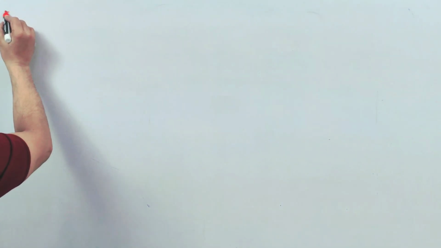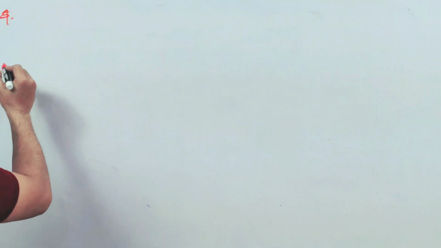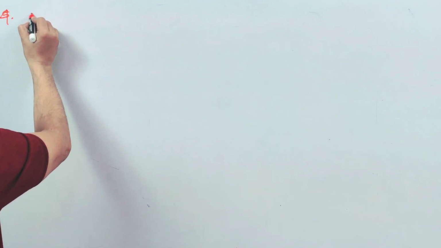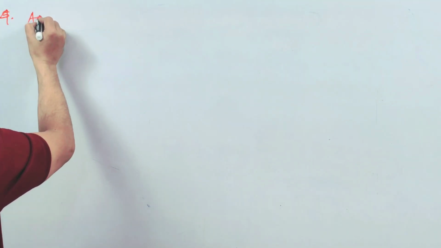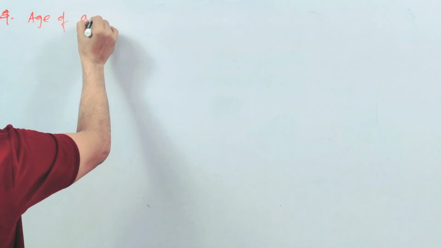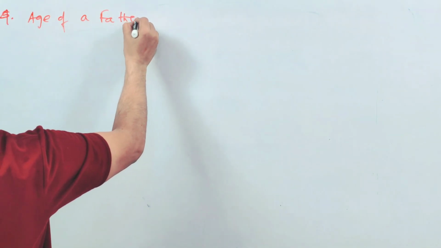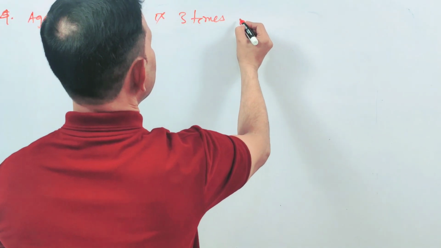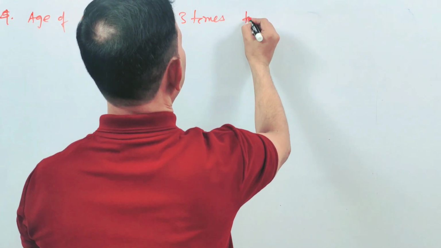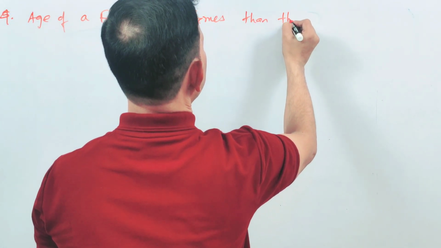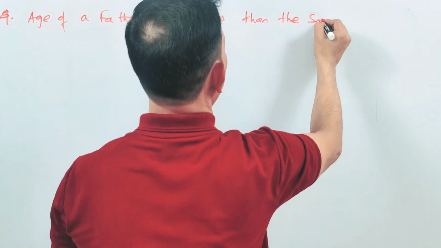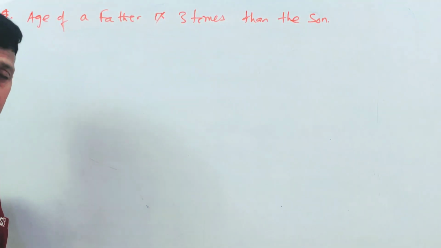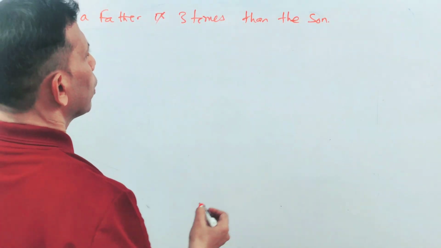this is question number 4. The age of a father is 3 times the son. Age of the father is 3 times the son.